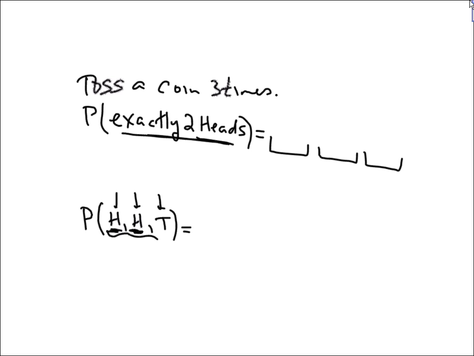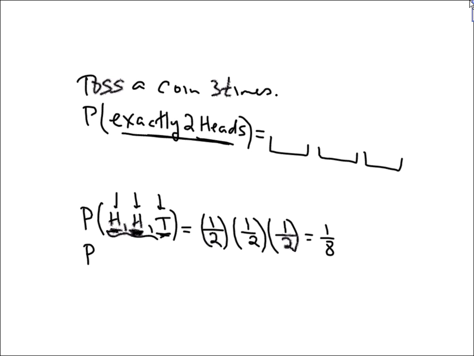The second is the result of the second toss, which happens to be a head. The third is the result of the third toss, which in this case was a tail. The chances that the first toss is a head is a half. The chances that the second toss is a head is a half. The chances that the third toss is a tail is a half. We get 1 over 8.